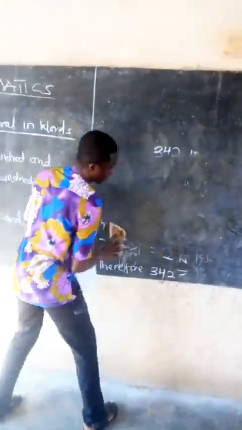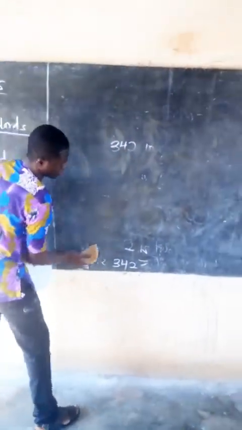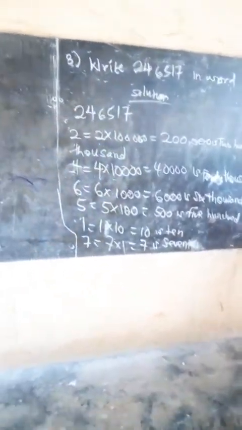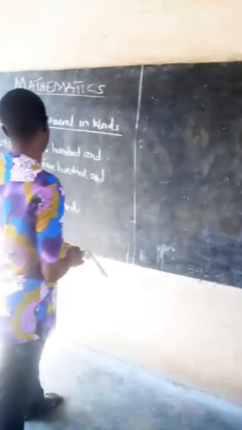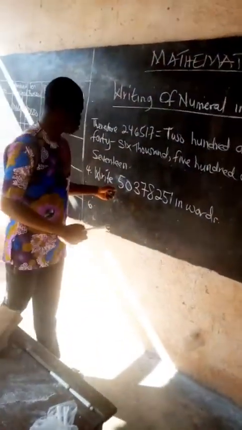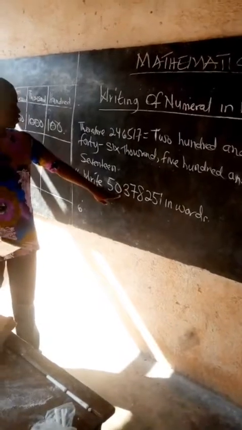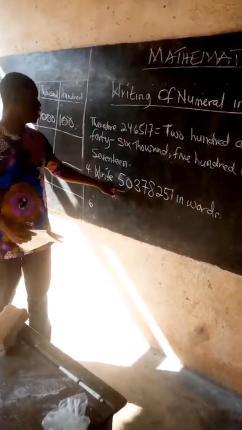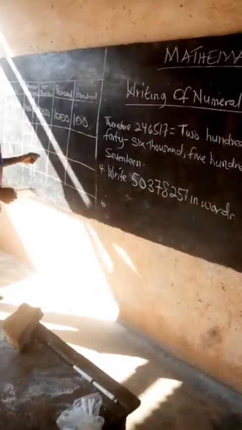You have to take your time to pronounce it. So 50 is in millions. It will fall within millions.